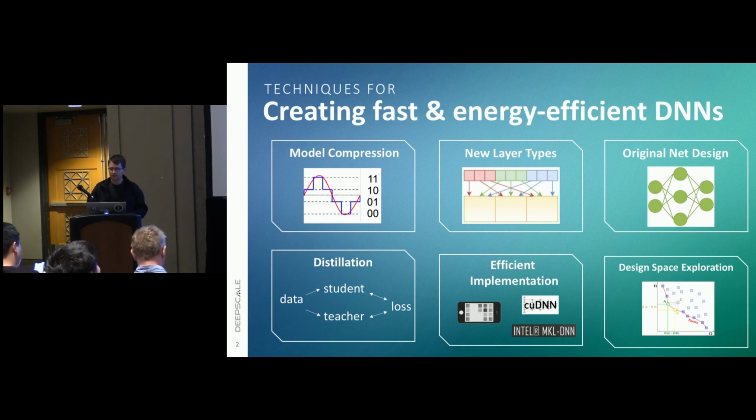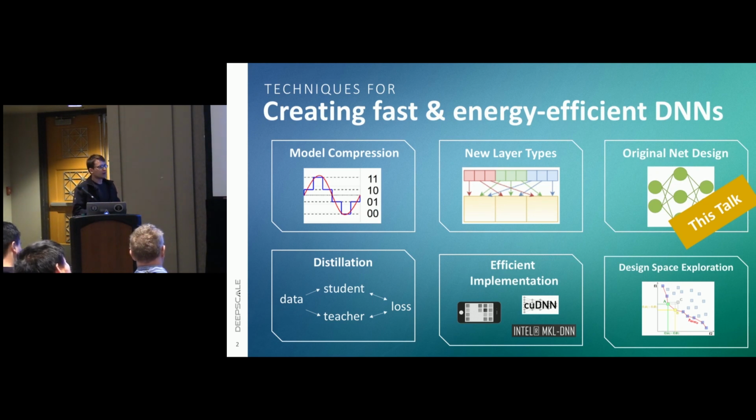How do we orchestrate this to find the Pareto optimal frontier of best models given the constraints of your problem? So these are all very important areas. I've been fortunate in my career to have spent some time on most of them. But in this talk, my focus is going to be primarily on designing brand new neural net architectures that can be fed into most of the other aspects of this.